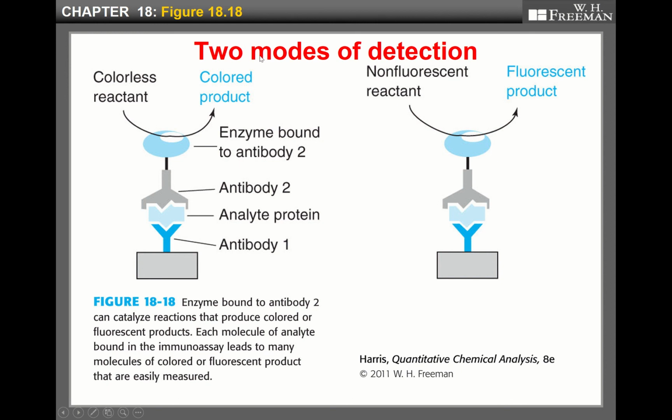There are two modes of detection. One mode is to use a colorless reactant, which undergoes reaction through this enzyme bound to antibody 2. This reactant is initially colorless, but after being reacted by this enzyme, it becomes a colored product.